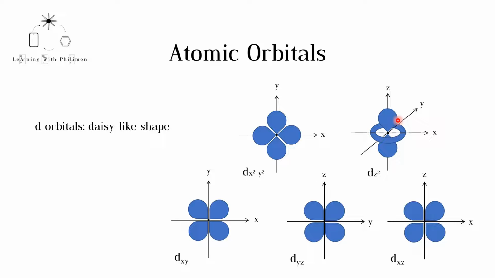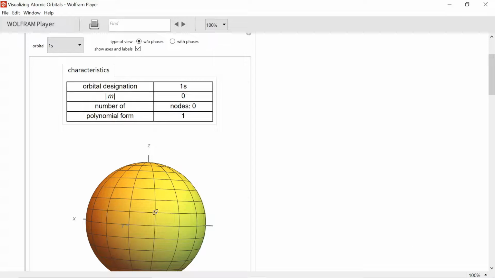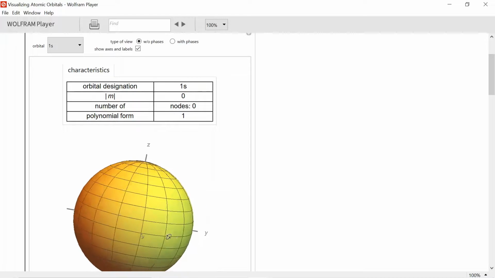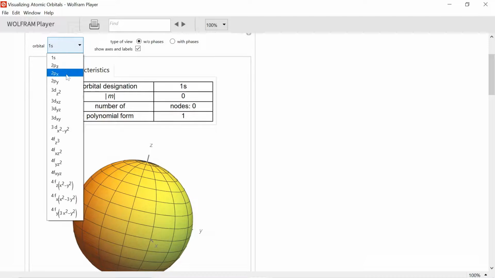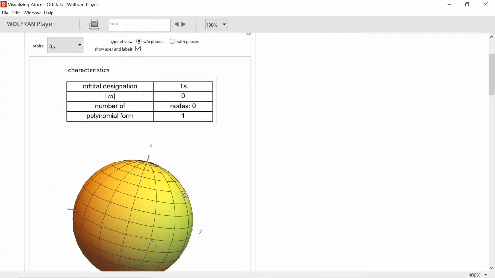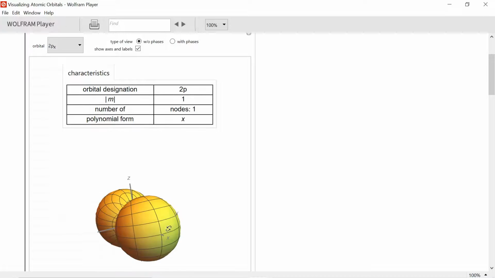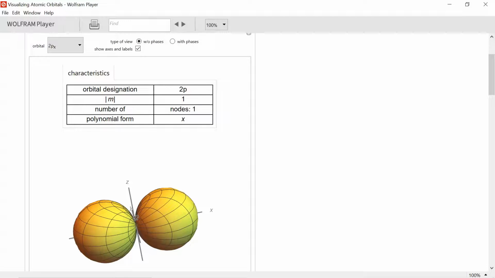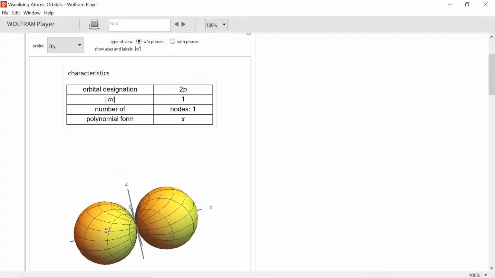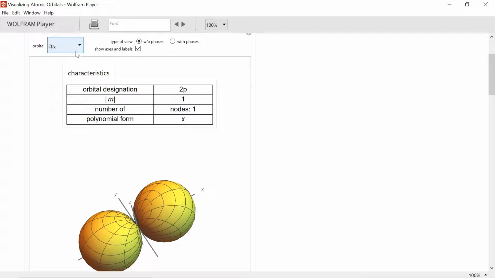I'm not known for my drawing skills, so it would be better to look at the orbitals in 3 dimensions, using the simulation created by Wolfram Demonstrations Project. This can be downloaded for free. Check out the link in the description. Here you can see that in fact the 1s orbital is a sphere. Checking the 2p orbital, we can see that the lobes are on the axis and that we have a node in the middle where the nucleus is.